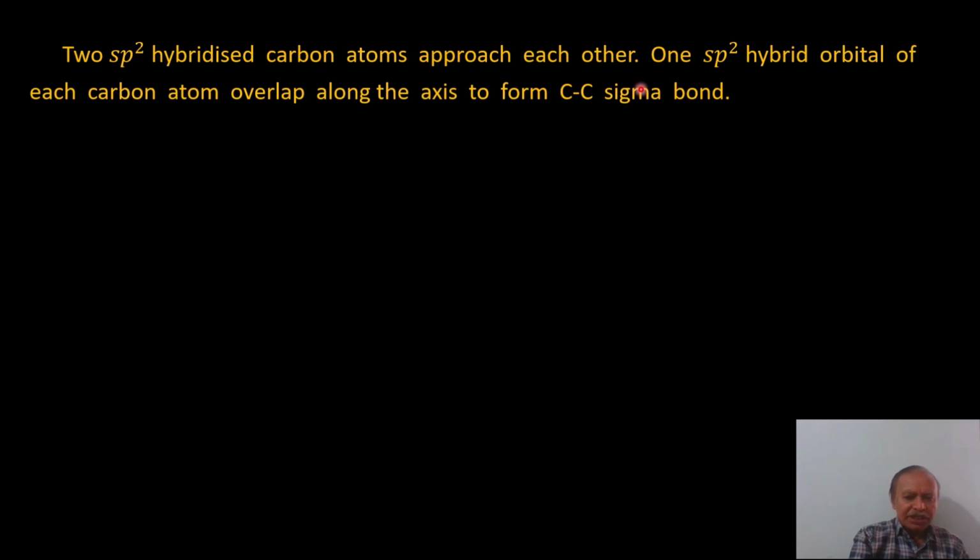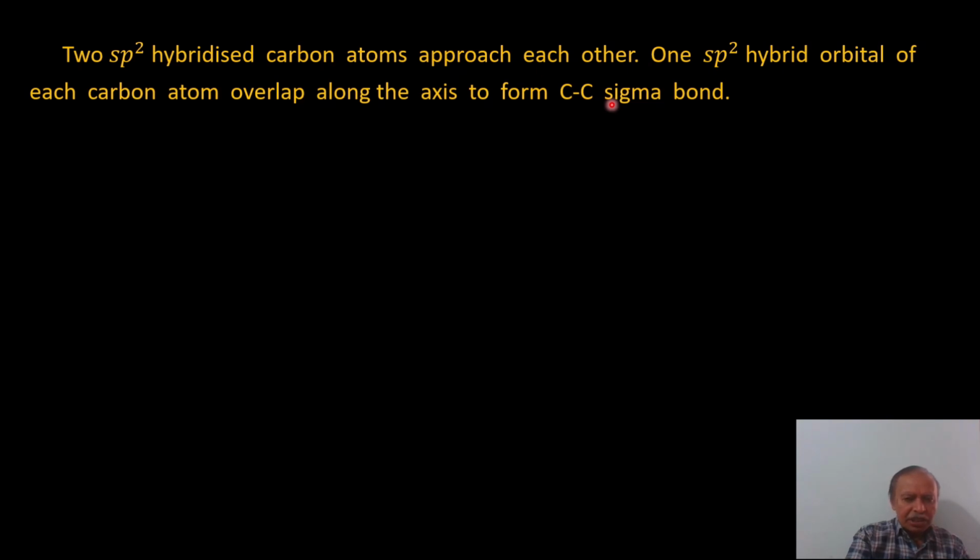Out of the 3, 1 sp2 hybrid orbital of each carbon atom overlaps along the axis to form the carbon-carbon sigma bond. This bond is formed by overlapping of the sp2 hybrid orbital of one carbon atom with the sp2 hybrid orbital of another carbon atom. This is the bond between carbon and carbon.